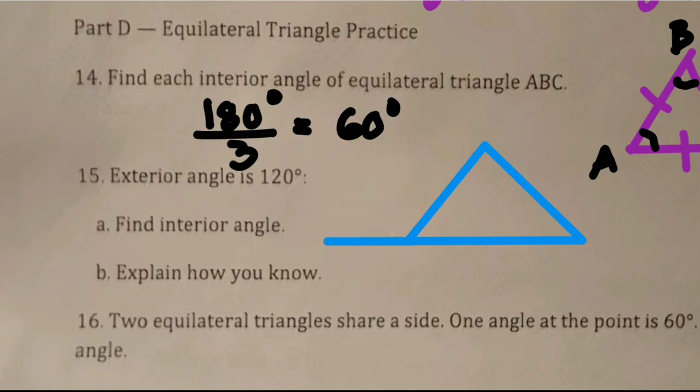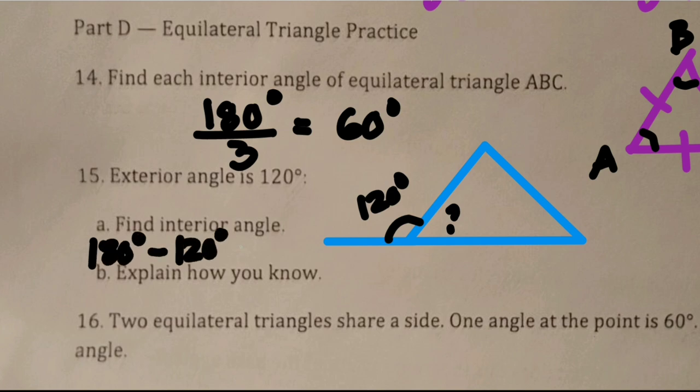So exterior meaning the angle outside. So this is 120 degrees. Find the interior angle, this one. So interior angle is just 180 minus 120 degrees, which is 60 degrees. Right? Because this is a straight line. The measure of the straight line is 180 degrees.